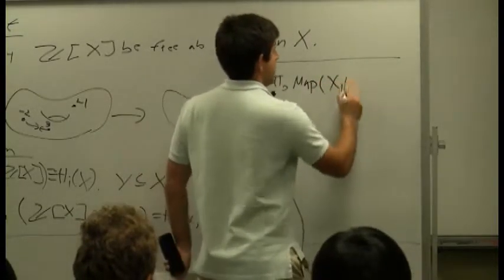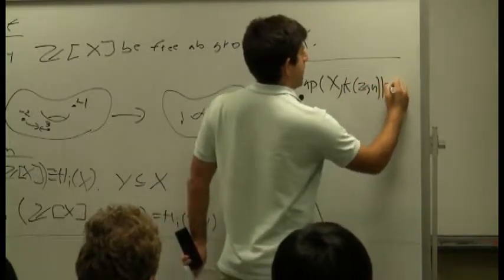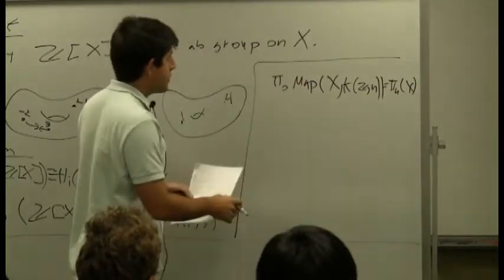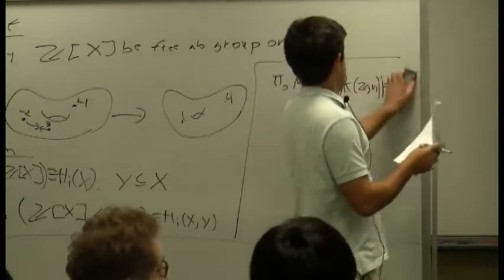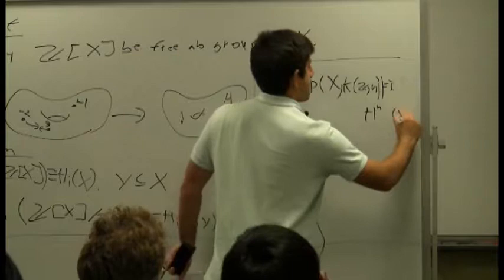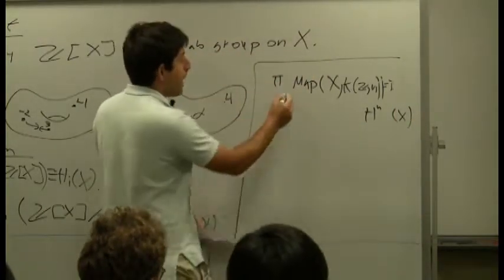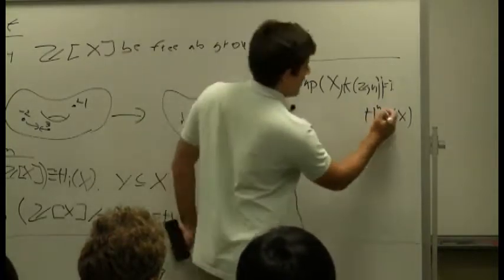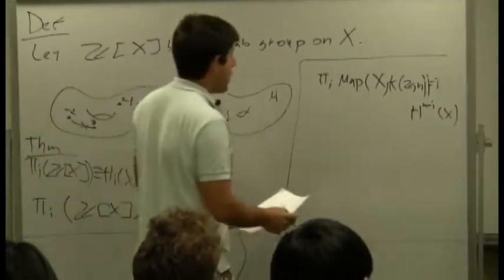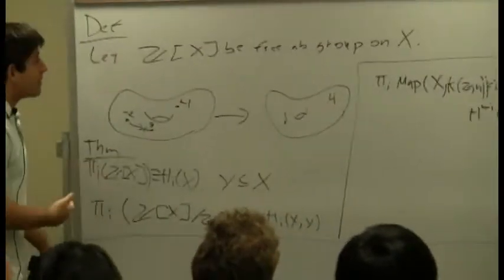from X into a K(Z,n) is isomorphic to H upper n of X. And a slight generalization, pi i of this space is H^(n-i) of X. So this space is going to be our candidate for space-level cohomology.